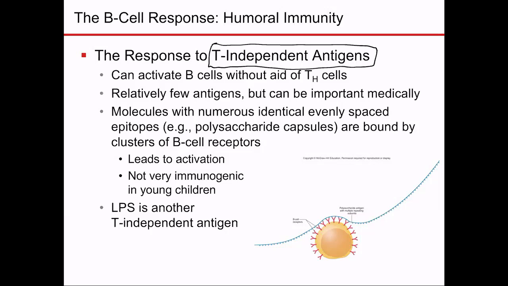The T-independent antigens have highly repetitive structures, in which maybe there is a polymer in which a monomer is repeated over and over and over. That would be the case, for example, of polysaccharides.